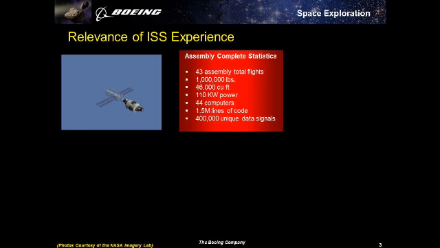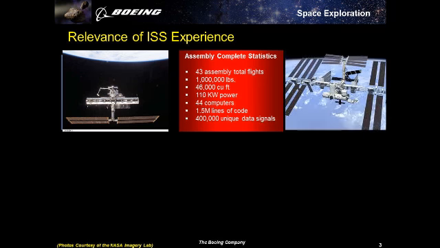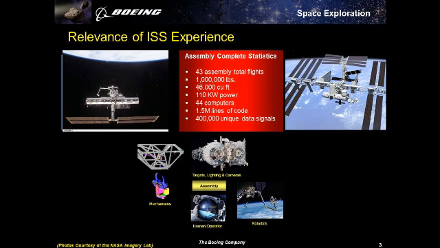So, you may be asking yourselves, why is the space station assembly relevant to the capture of an asteroid? As we celebrated the 50th anniversary of the space station on November 20th, just yesterday, we are reminded of the magnificent accomplishment. In order to assemble 43 flights incrementally, 35,000 pounds at a time, it required the amalgamation of several disciplines working together.